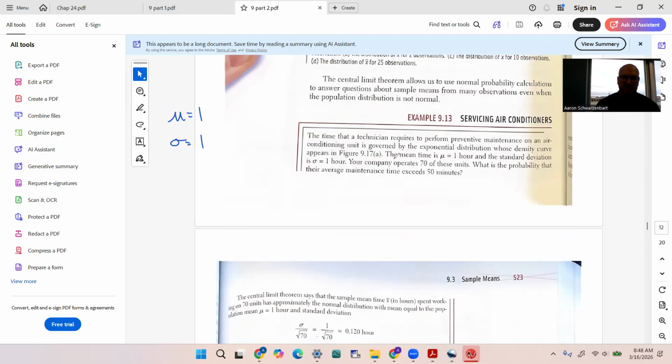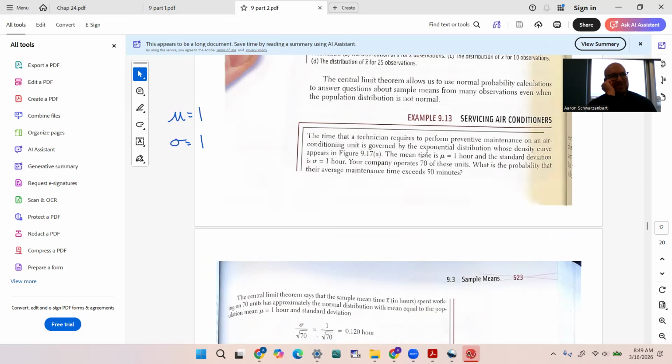So, first off, rules of thumb. Well, there are way more than 70, correct? This isn't a true SRS, but there's way more than 10 times 70 in the population of air conditioning units. Well, I guess I don't have to do rules of thumb.